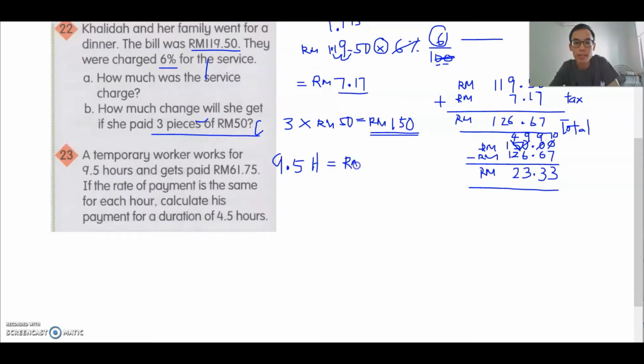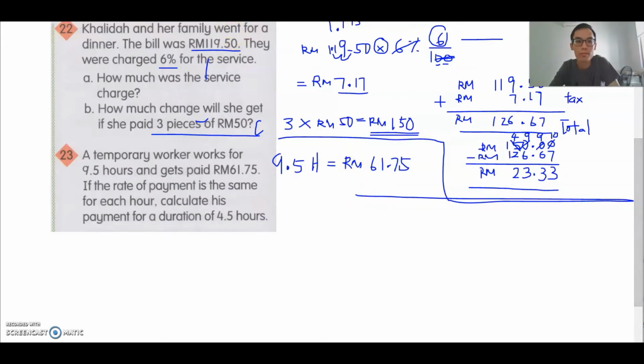The payment is 61 ringgit and 75 cents. Okay. If the rate of the payment is the same for each hour, calculate his payment for 4.5 hours. So this is basically the question.